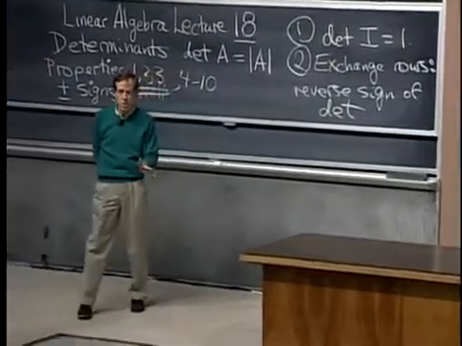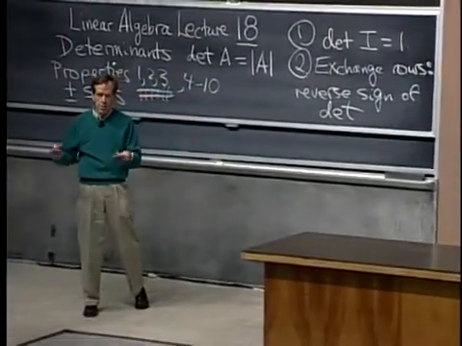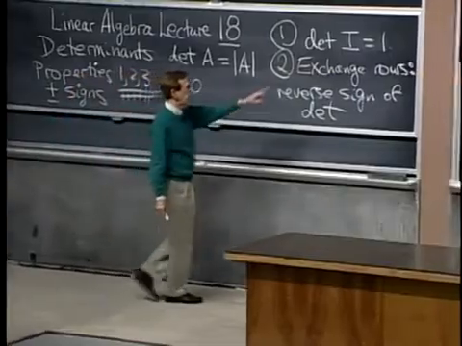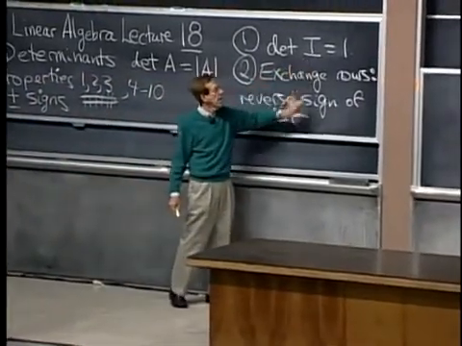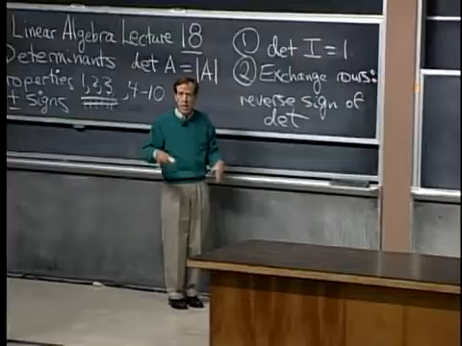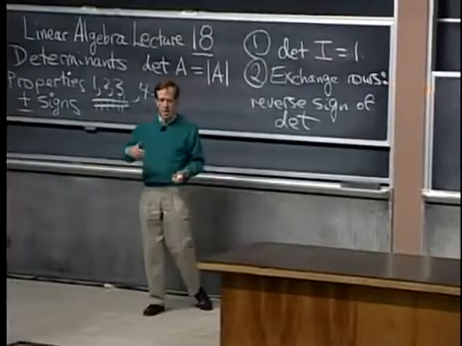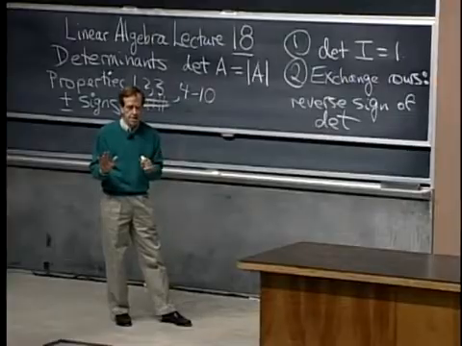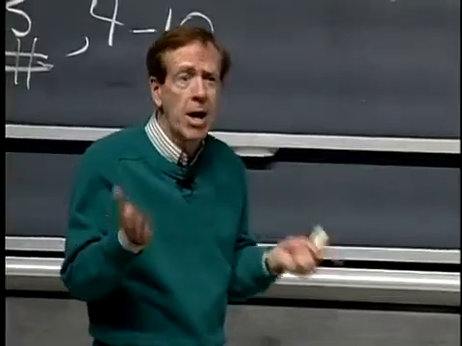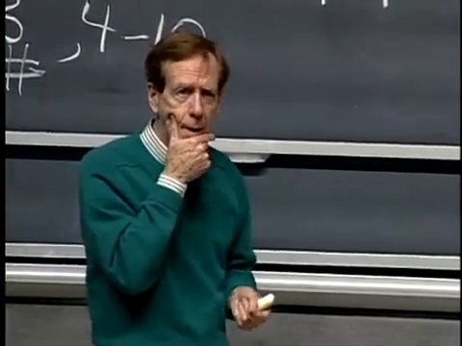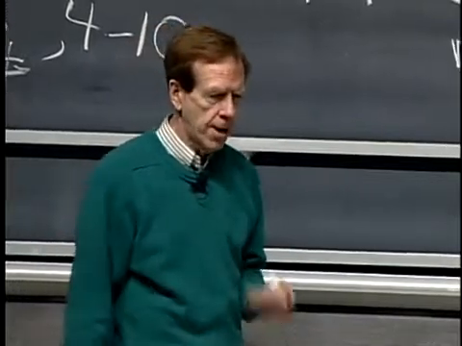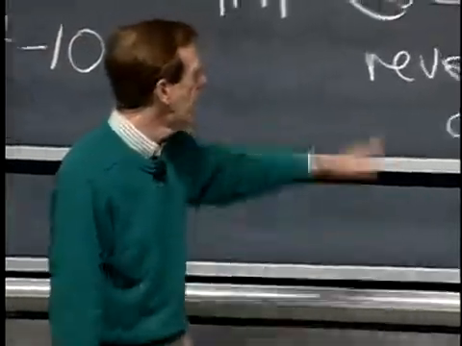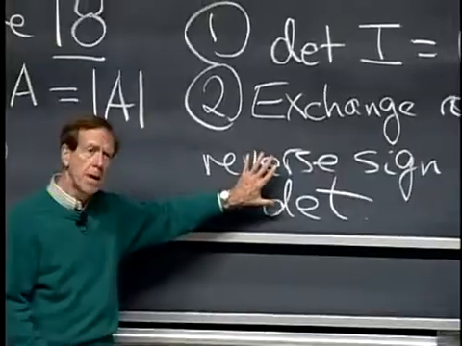From 1 and 2, I certainly know the determinant of the identity matrix. And now I know the determinant of every other matrix that comes from row exchanges from the identity. So what matrices have I got at this point? The permutations, right. At this point, I know every permutation matrix.